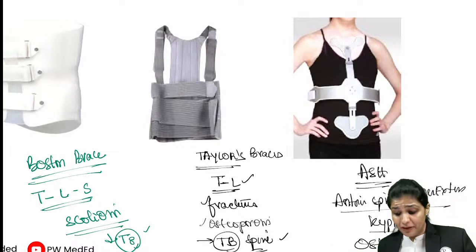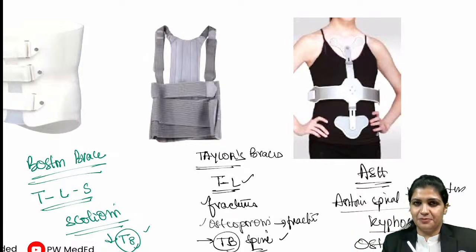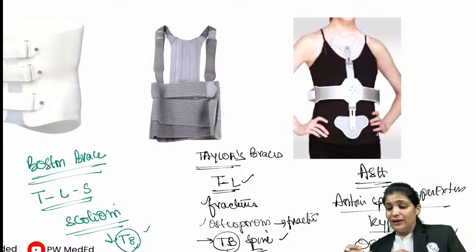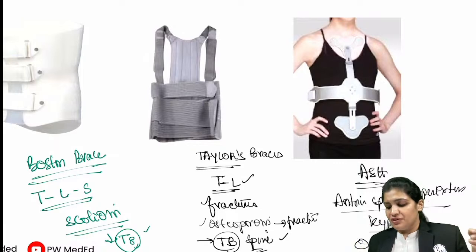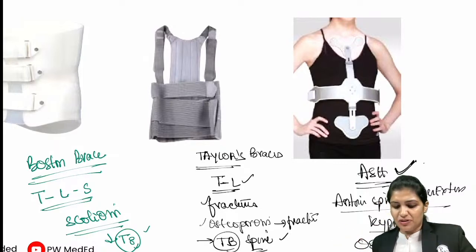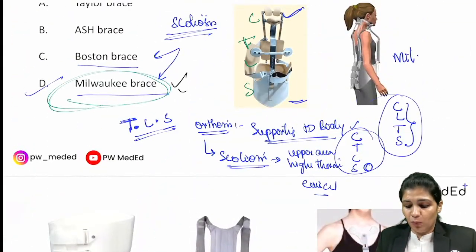Whenever there are vertebral fractures associated with osteoporosis, you go for the Taylor's brace. Those fractures are mainly seen in the lumbar or dorsal areas. But whenever there is a forward curvature of the spine in kyphosis, you treat with this Ash brace, the anterior spinal hyperextension brace. So these are certain orthoses which you have to remember, and most commonly asked is your Milwaukee brace.